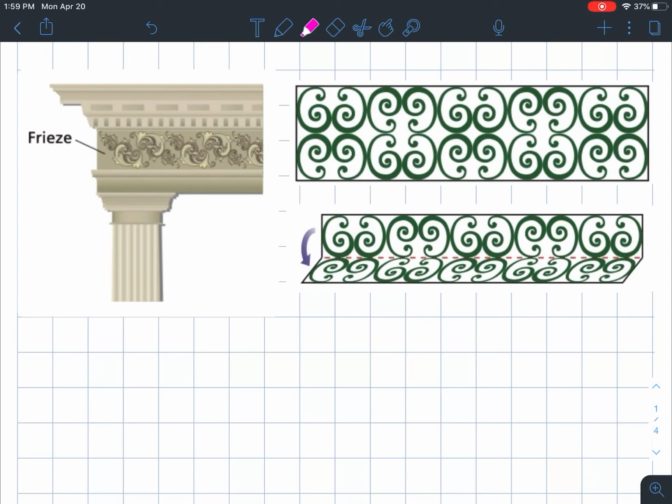So you can make a reflection to design a freeze pattern, and you can take this with you into computer graphics when you're trying to make a logo for a sports team or for a class or for a t-shirt. Whatever you do on one side, you can get it exactly the same on the other side by performing a reflection.